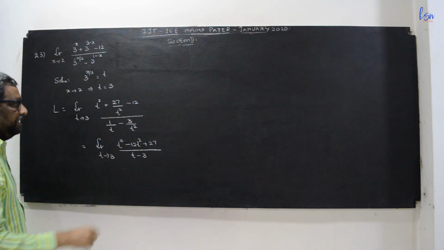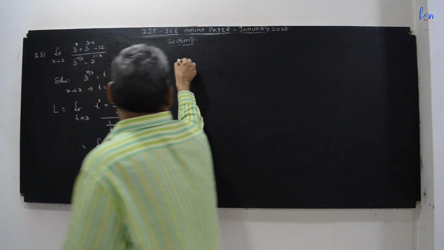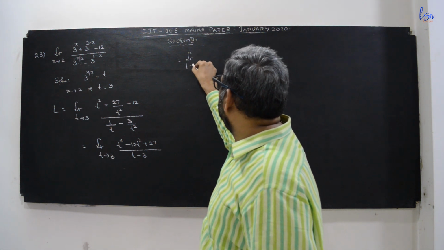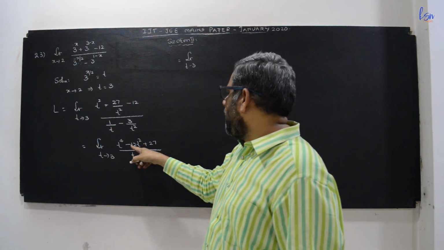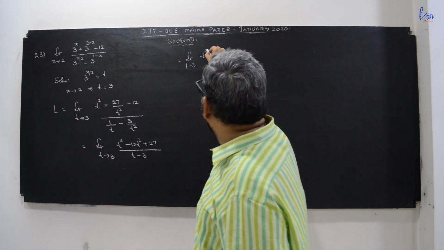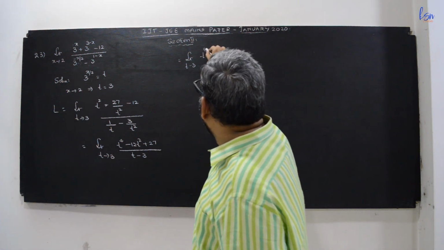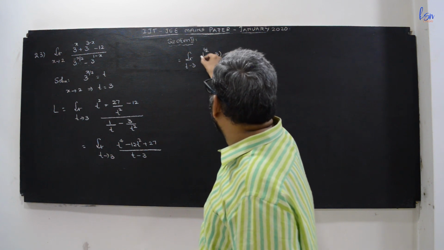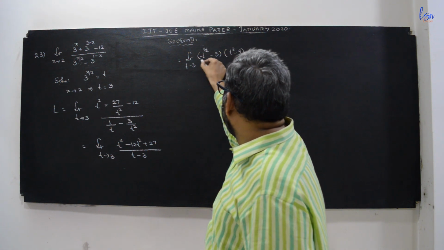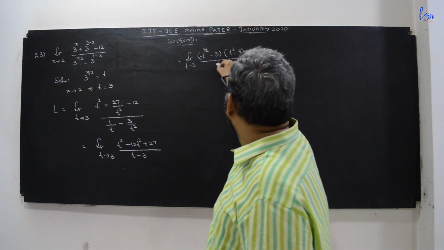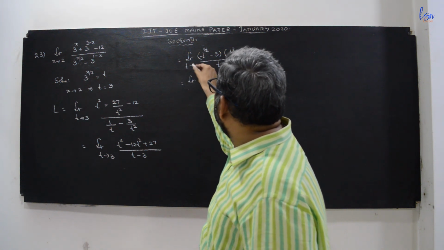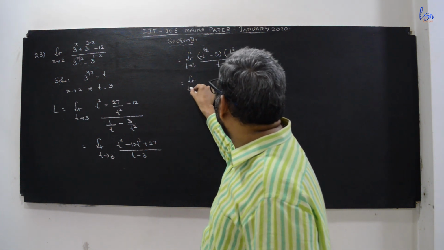The t² gets cancelled. Now let us factorize. This is the limit as t tends to 3 of t⁴ - 12t² + 27, which factorizes as (t² - 3)(t² - 9) over (t - 3).